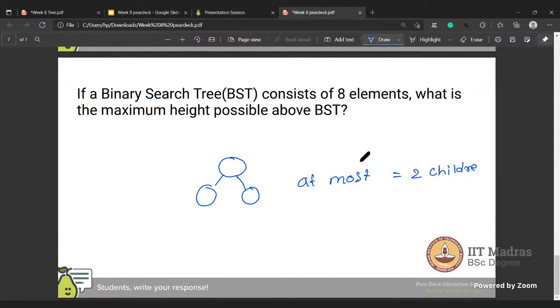I think like that. But the question is whether the binary tree must have both children, right?